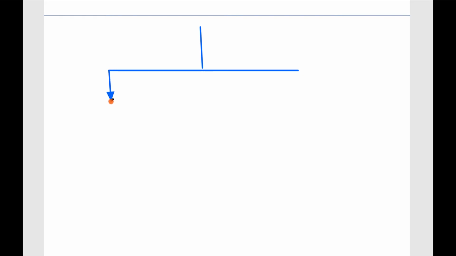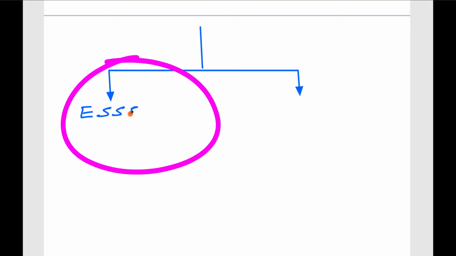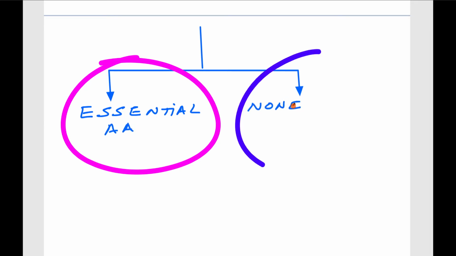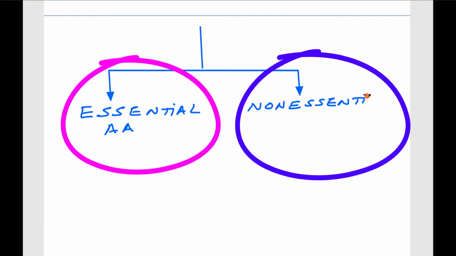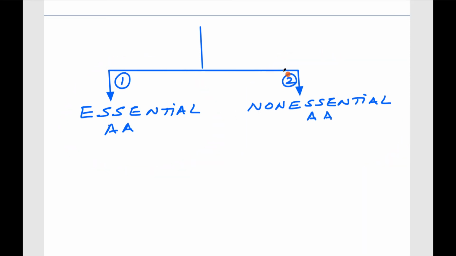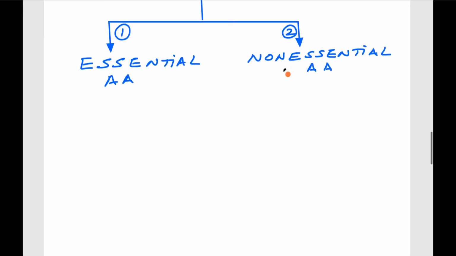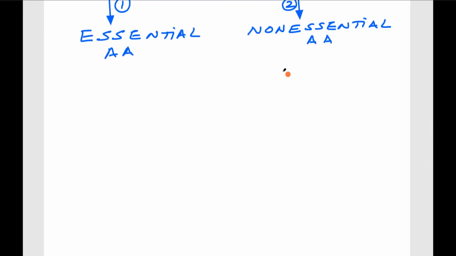Let me explain. The first one we call the essential amino acids, and the second one is non-essential amino acids. Under this classification, there are two classes: essential amino acids and non-essential amino acids. When I said that all the 20 amino acids are essential, why am I classifying into essential or non-essential?